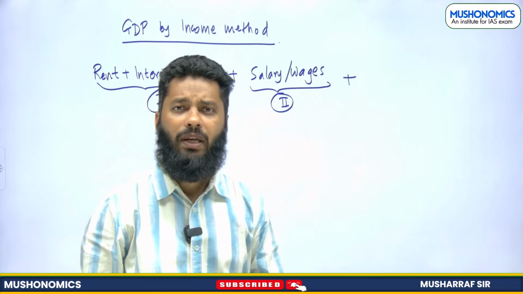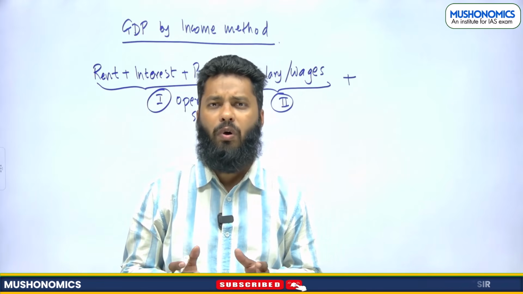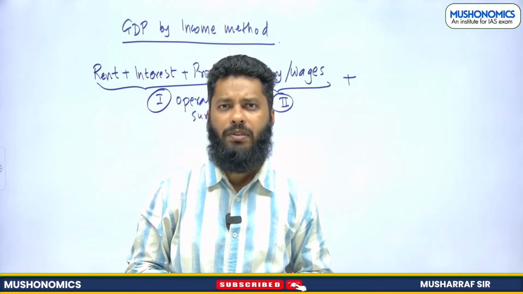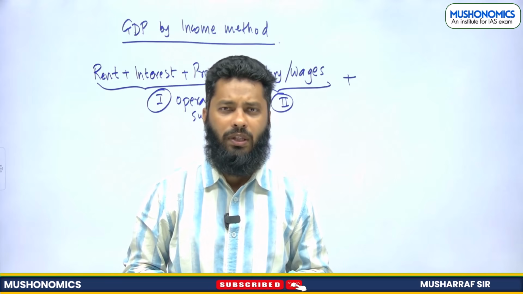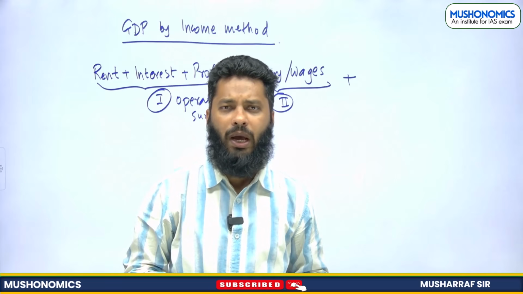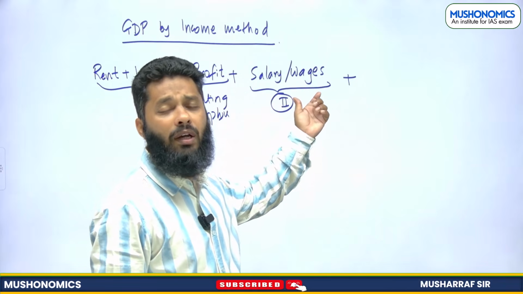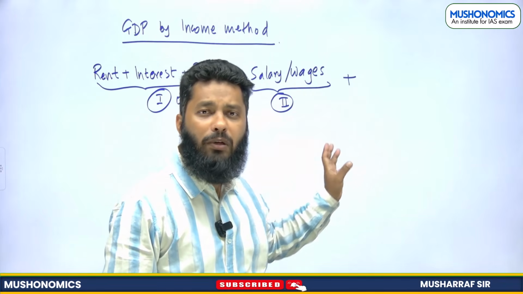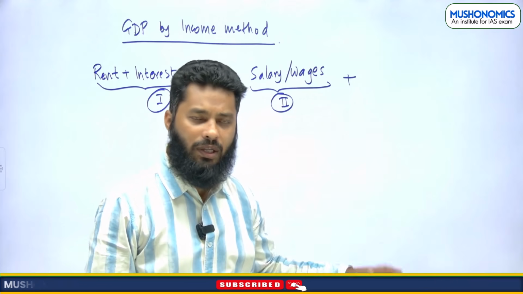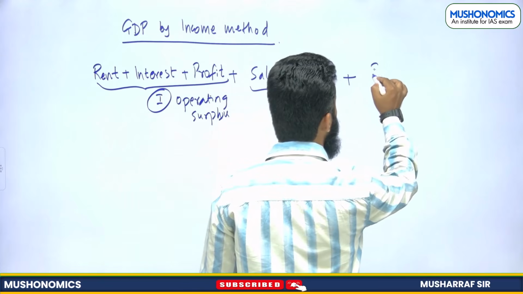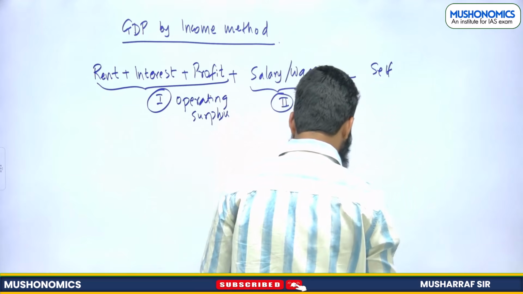For example, there are people who are running a small shop. A small shopkeeper owns the land, the capital, everything here, and is also not employing people to work for them. They themselves are working, so they are known as self-employed people. This is the income of self-employed people.